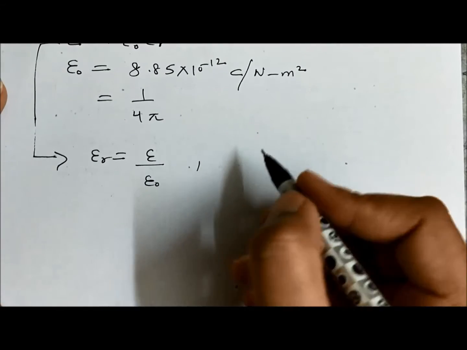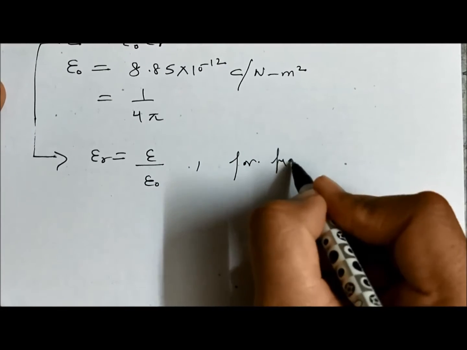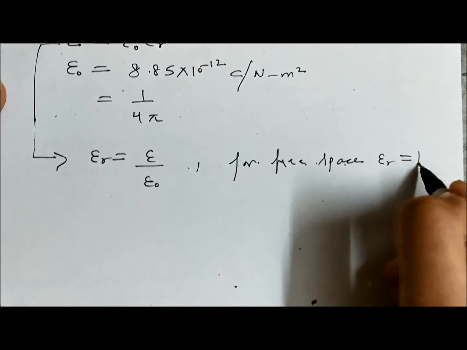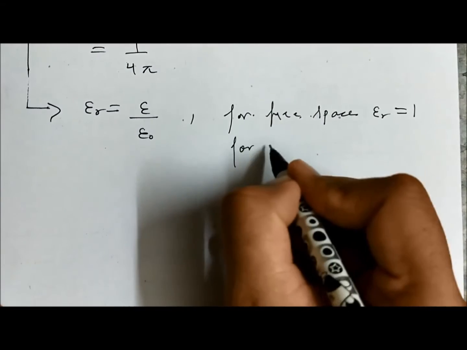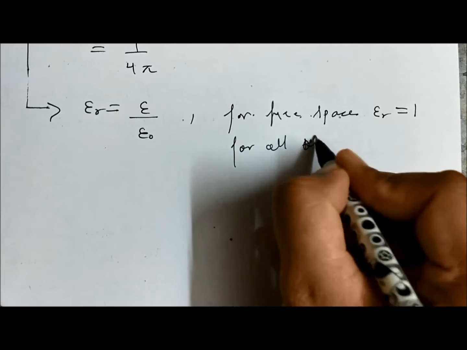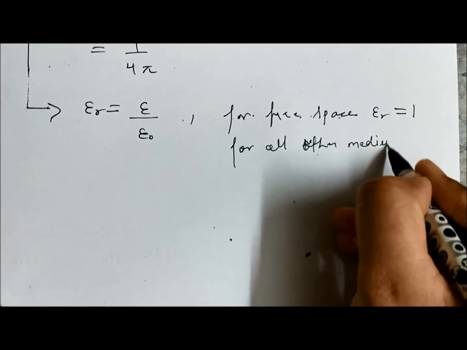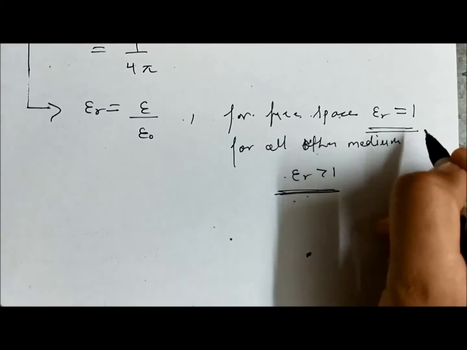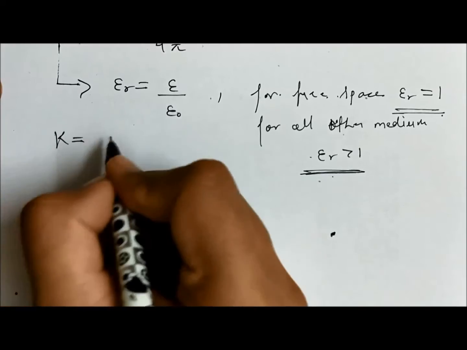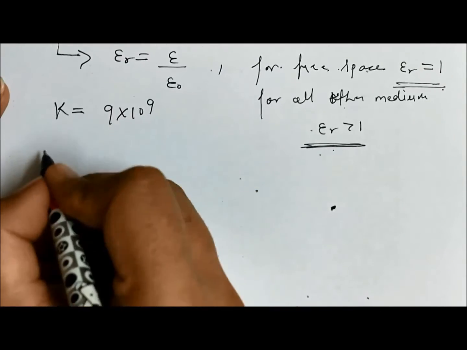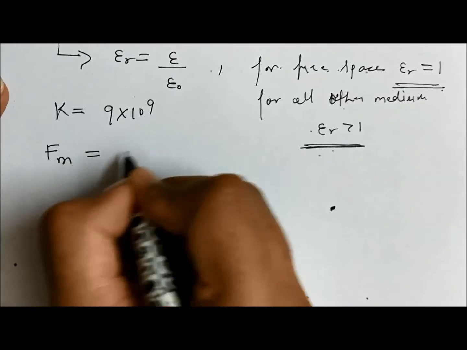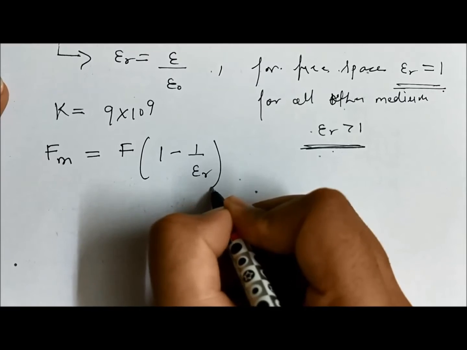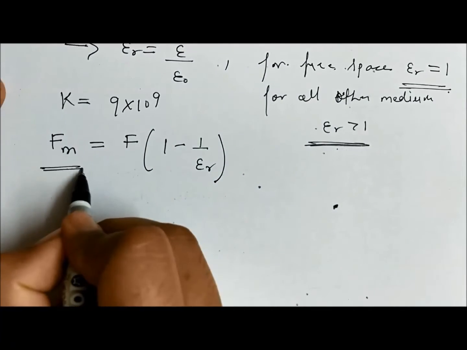For free space, epsilon R will be equal to 1, and for all media, epsilon R will be greater than 1. Then K will become 9 into 10 raised to power 9. Then force in the medium will become F times 1 minus 1 upon epsilon R, force exerted by the medium.